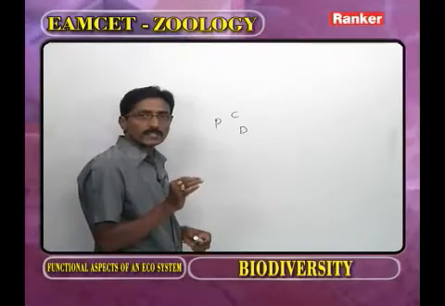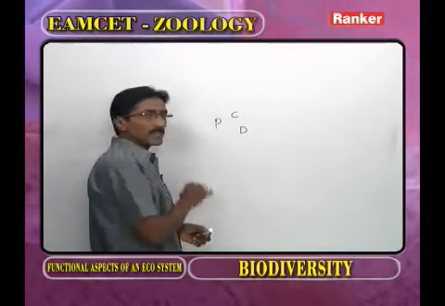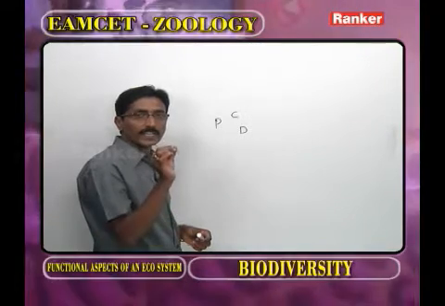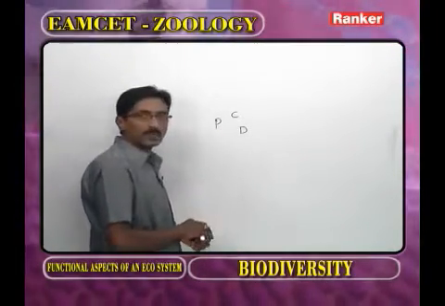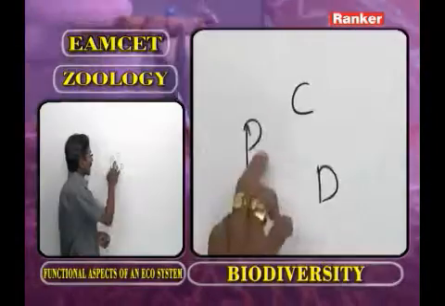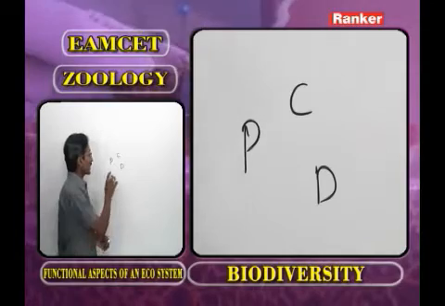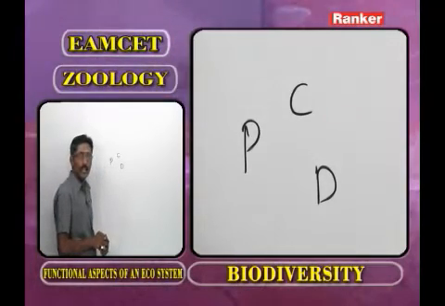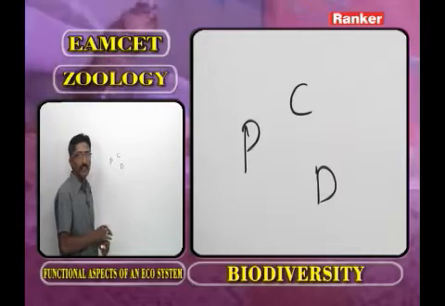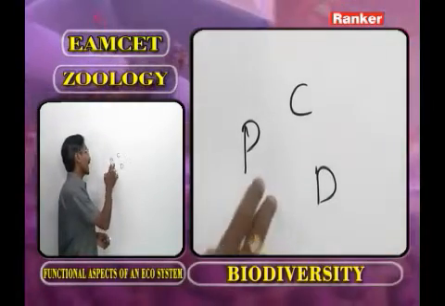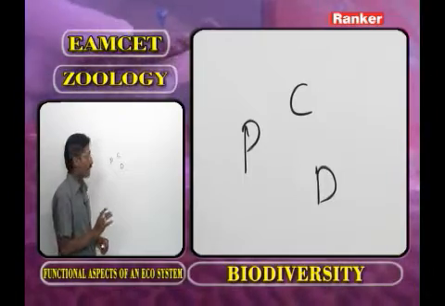As producers, their role is significant, because the green plants and phytoplankton trap the radiant energy. By photosynthesis, they prepare their own food material. What are the other examples for the producers? The chemoautotrophs. The chemoautotrophs prepare their own food material by using chemical energy instead of radiant energy. As producers, the role of chemoautotrophs is not significant.